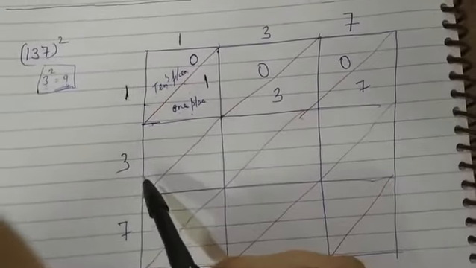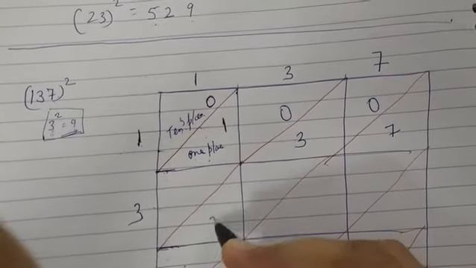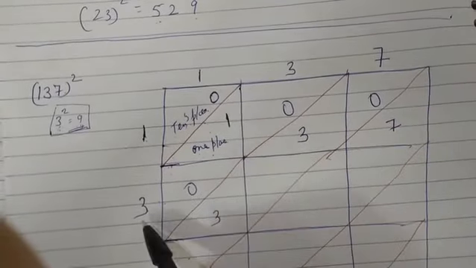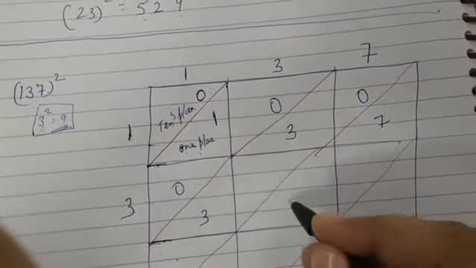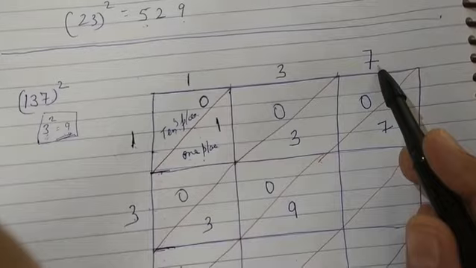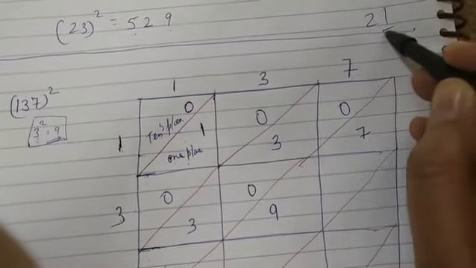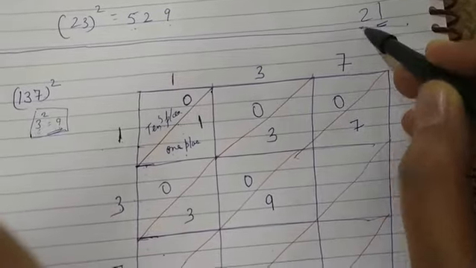Okay, now come to the next. Again 3 ones are 3. 3 threes are 9. Now here 3 sevens are 21. So 21: 1 will come in the ones place, 2 will come in the tens place.